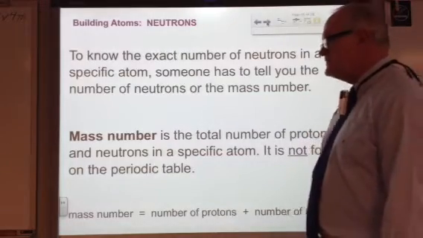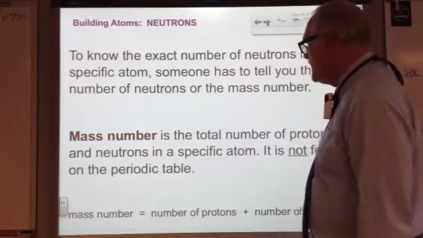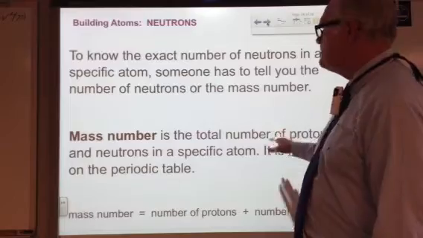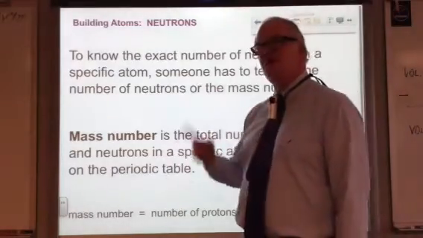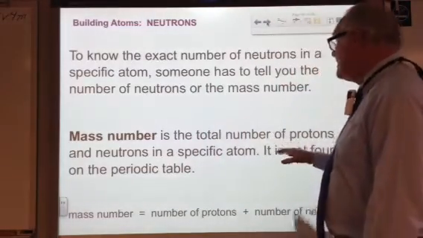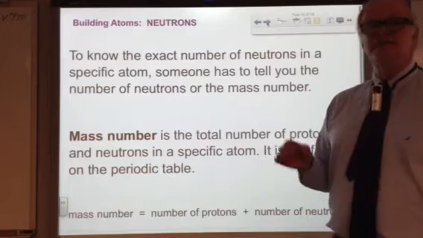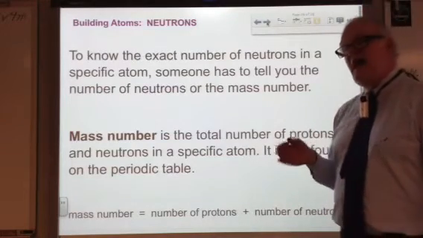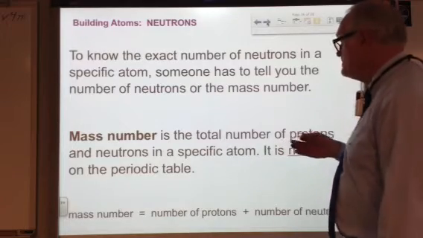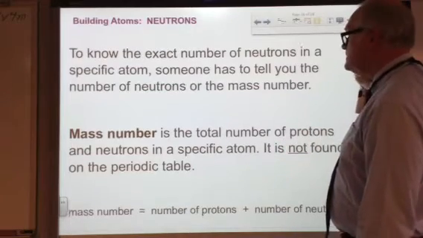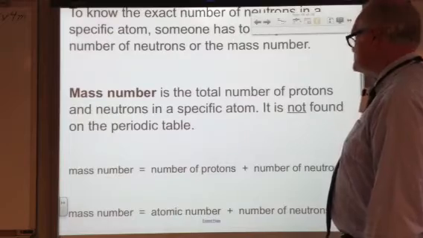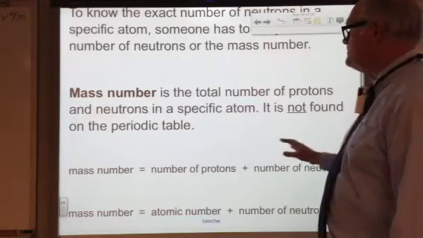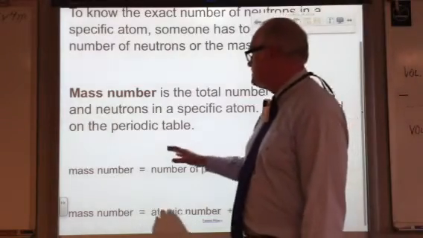It's the total of the number of protons plus the neutrons in that atom. The mass number is not on the periodic table because different atoms of an element have different mass numbers.